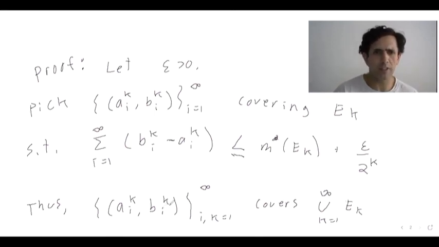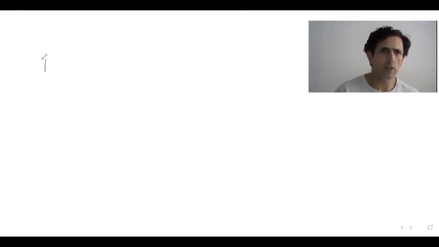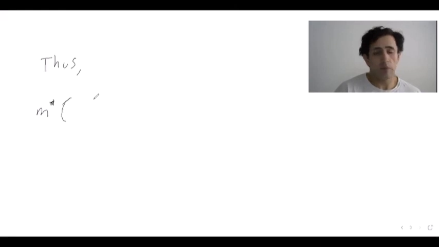Now we can use, once again, the definition of outer measure. The outer measure is the infimum over all possible sums of lengths of coverings of the union, rather, by open intervals. We have one particular one of them.